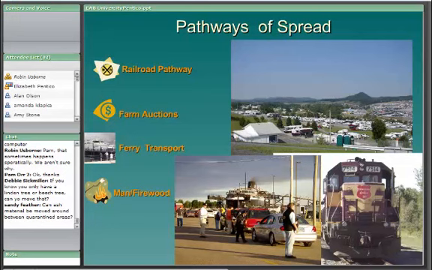And some of the ferries allow vehicles to come on board, and if those are recreational vehicles, they may be taking firewood with them on their vacation. And perhaps, of course, the biggest is man moving firewood just in a vehicle to go camping. So these are just some of the pathways that we look at when we come in to regulate an article. How does the article spread?